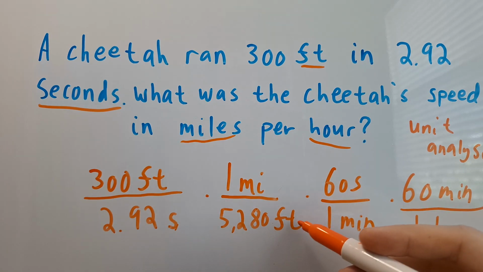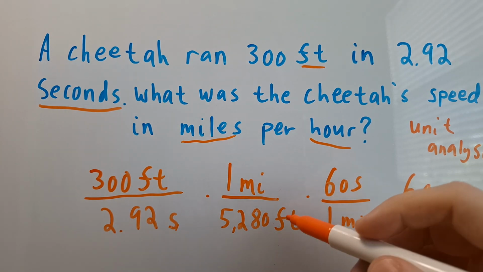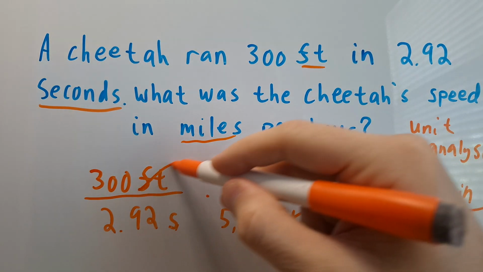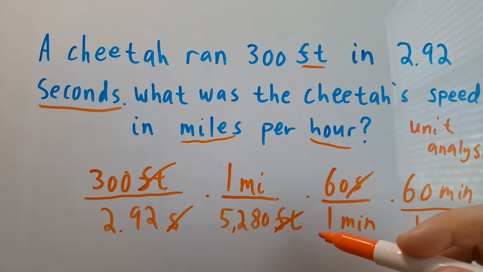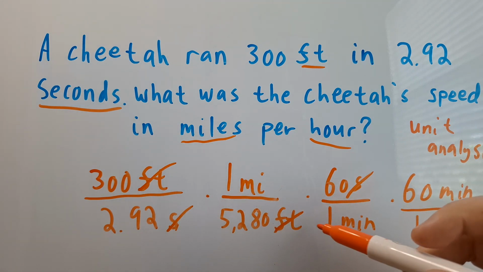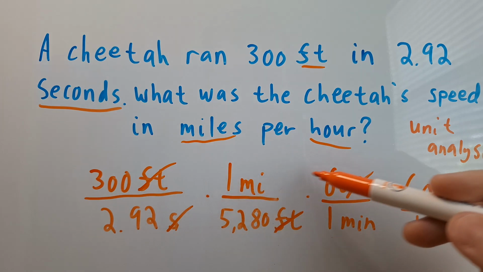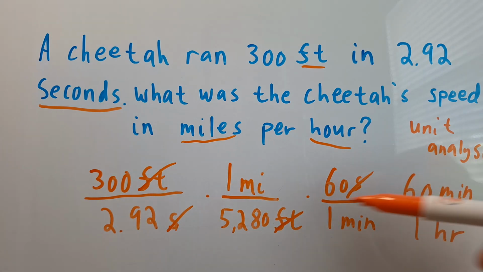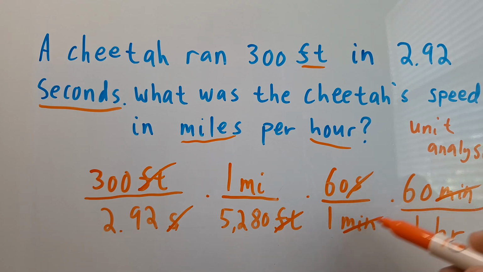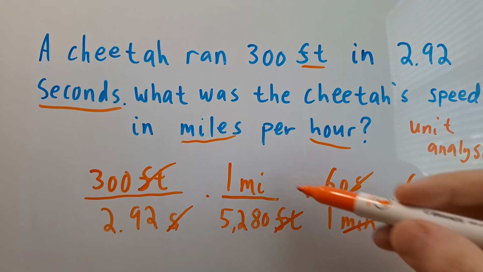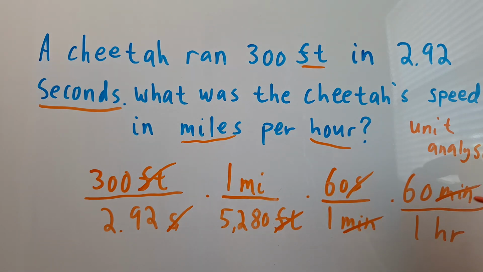So the first thing I see is that I can cancel out the feet conversion here, and I can cancel out the seconds conversion here. If I multiply everything straight across as such, I can also cancel out my minutes too, forgot to mention that. Cancel out your minutes, because again, we want miles and hours.